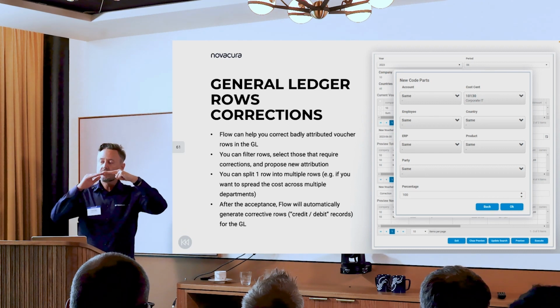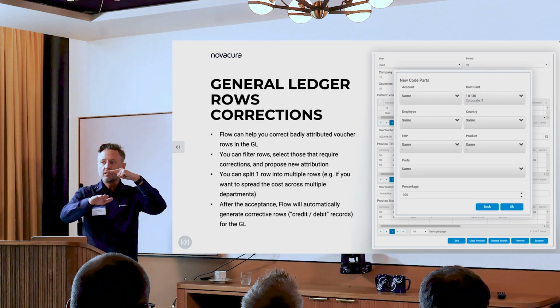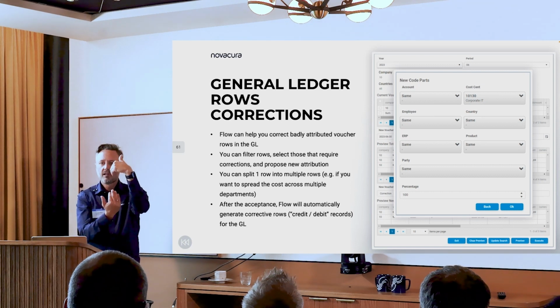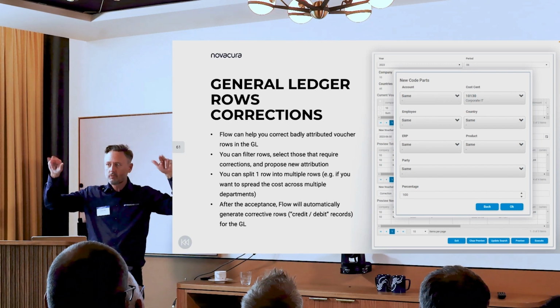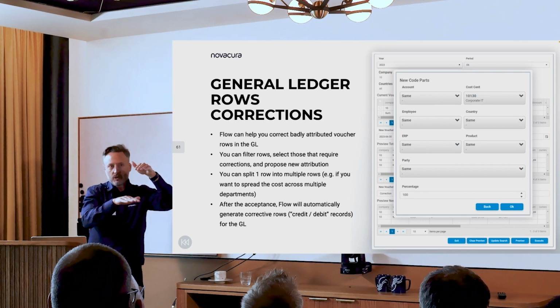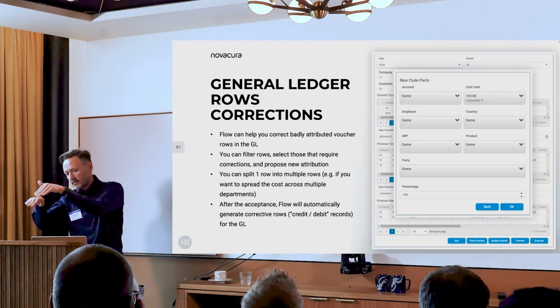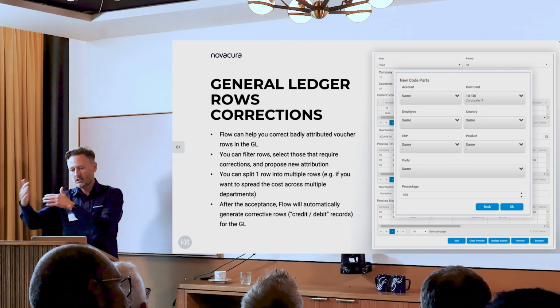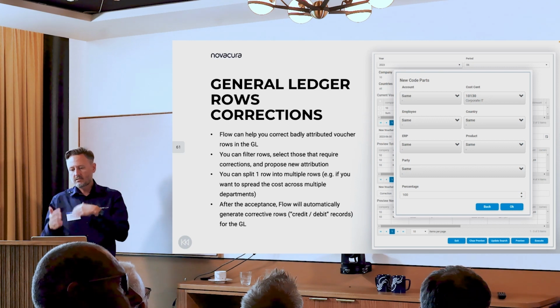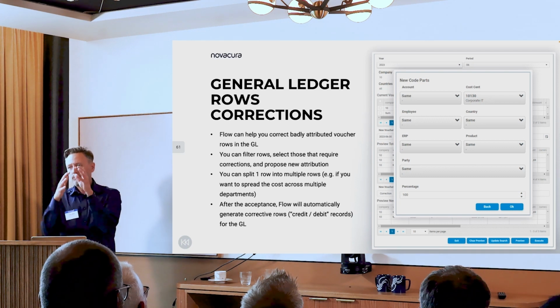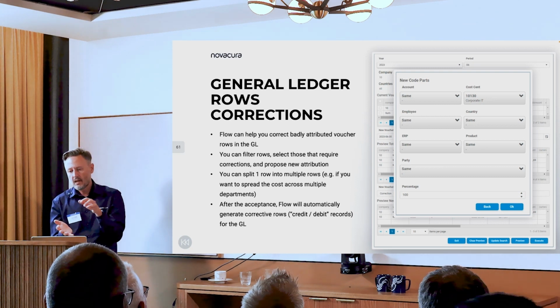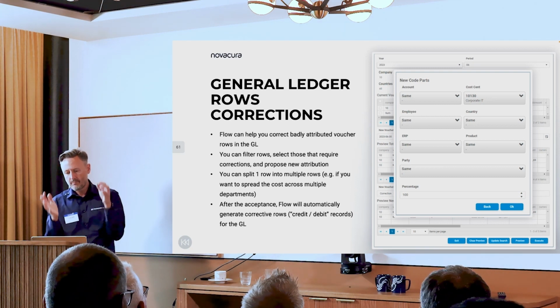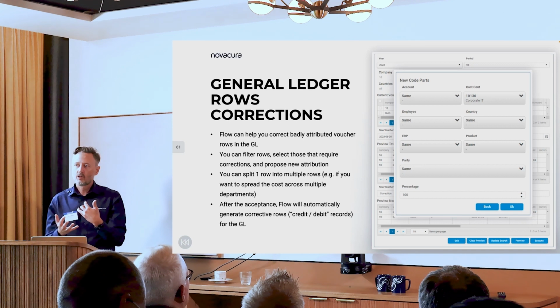It will add a negative transaction to virtually remove the first booking, and then it will add an additional row to a new account where this cost should reside. So it's the whole automation here. Of course, it's hard to explain this having just one minute for that, but this really automates this complicated process.